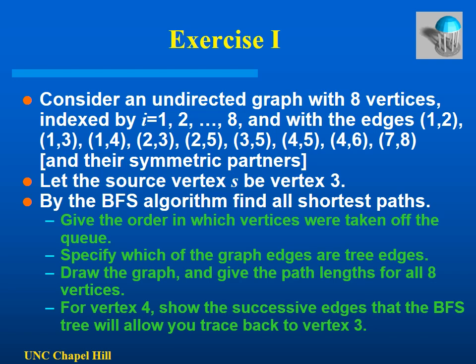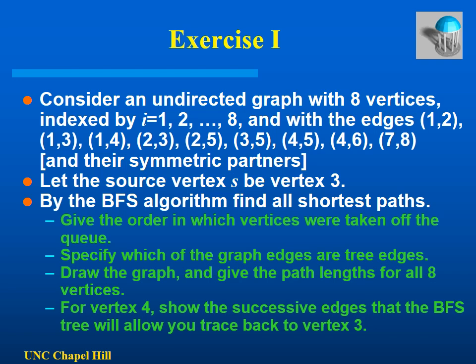With that vertex number 3 as the source vertex, use the BFS algorithm to find all shortest paths. You should, in your answer, give the order in which the vertices were taken off the queue: first vertex that's taken off, the second one that's taken off, and so on. You should also indicate which of these edges that were listed are the tree edges.